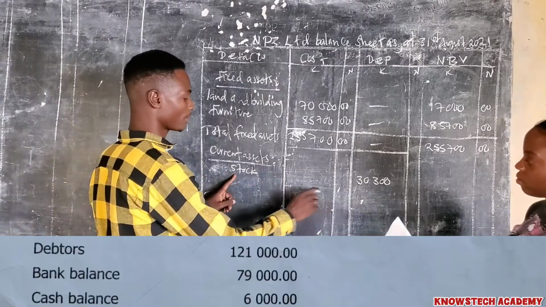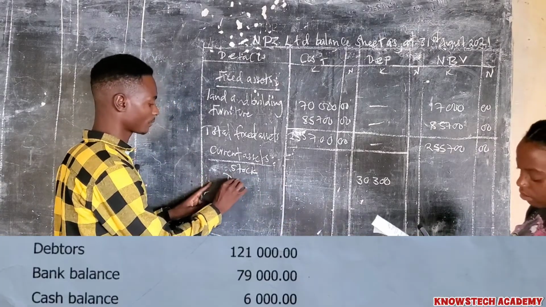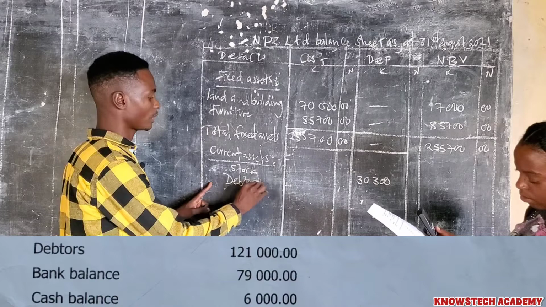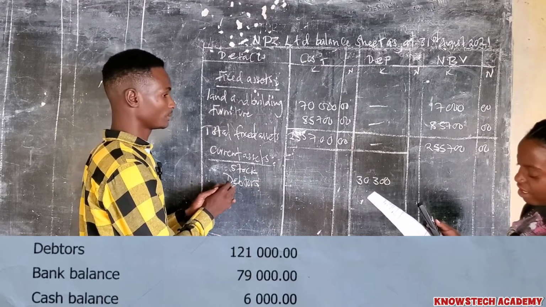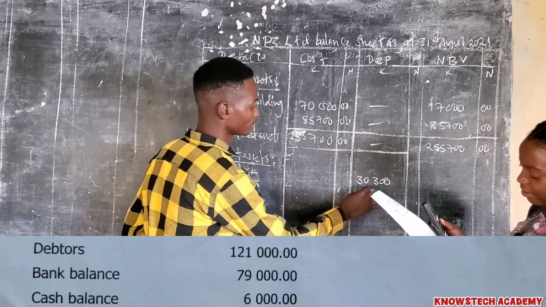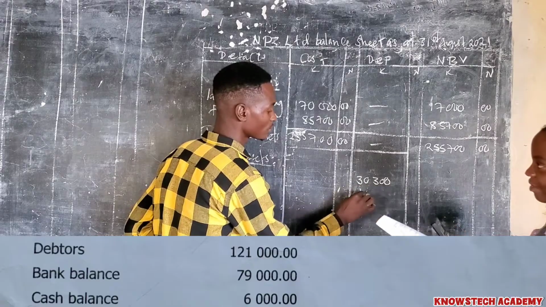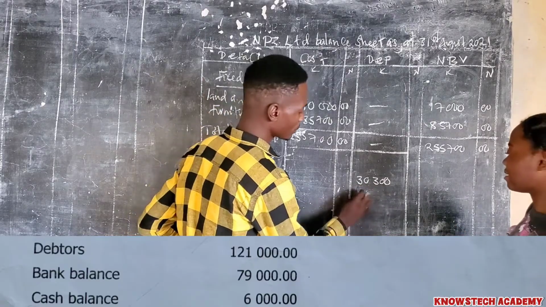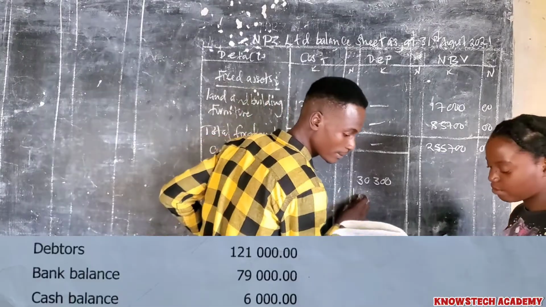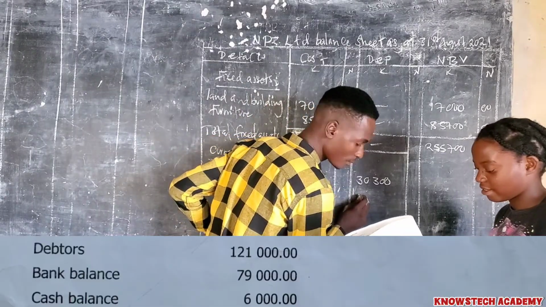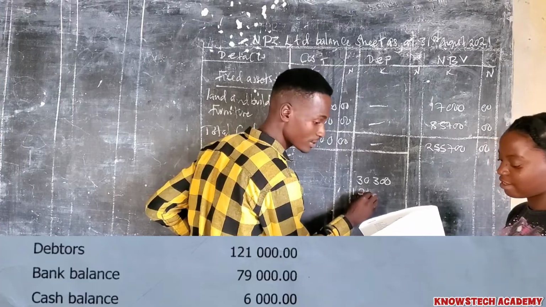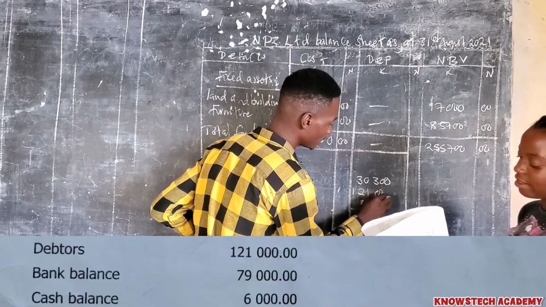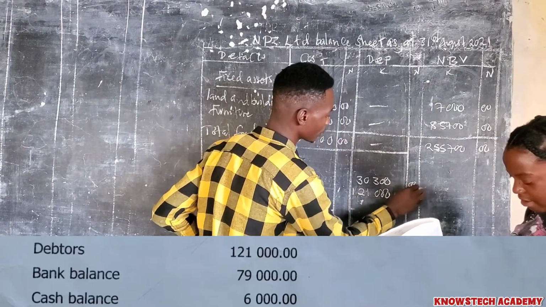So stock, then debtors. How much are the debtors? 121,000.